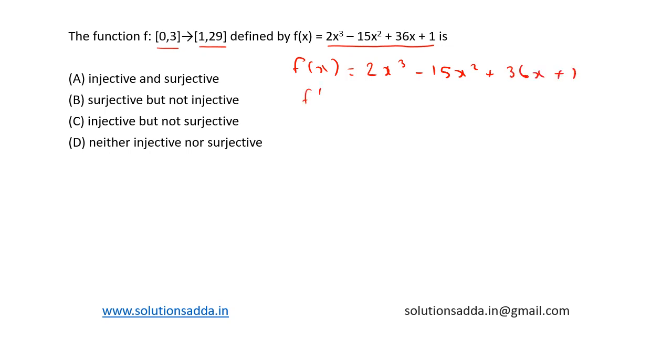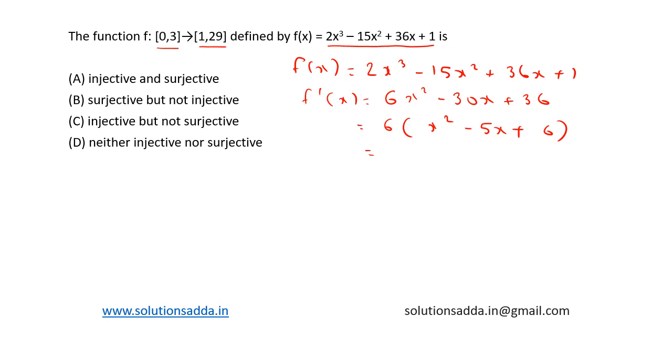F dash of x can be written as 6x square minus 30x plus 36. Taking 6 as common, we can write it as 6 into x square minus 5x plus 6.